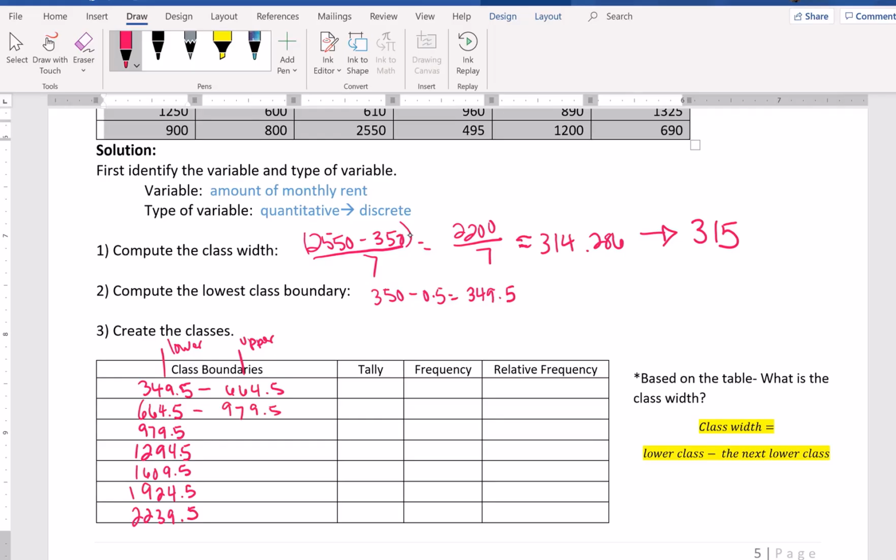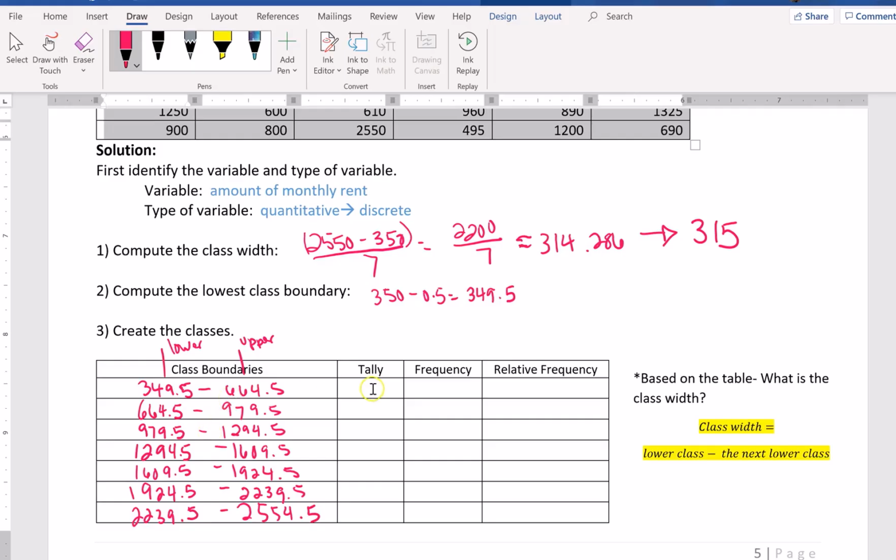And then the next lower is that upper. So you just copy that number over. And then here you could just add 315 to it to get 1,554.5.